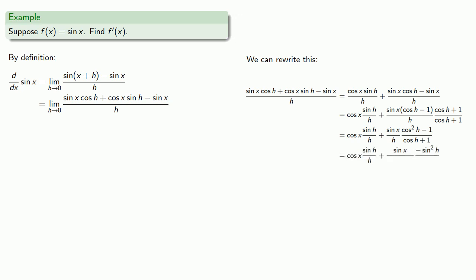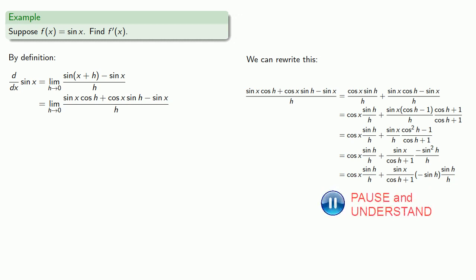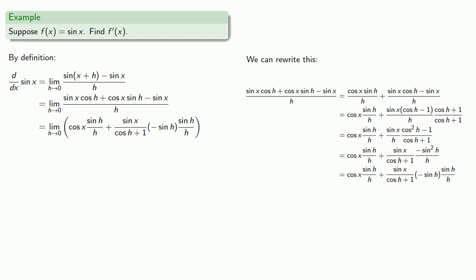And again, since our denominators are being multiplied, we can change the order. And again, we want to split off a sine h divided by h, and that leaves us with leftovers minus sine h and all the rest of it. And that means we can rewrite this horrifying mess.